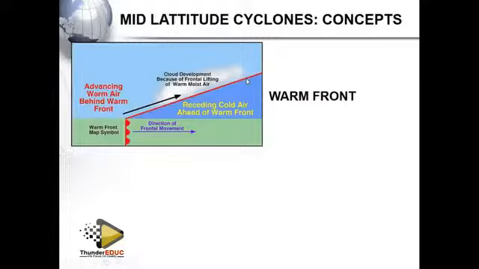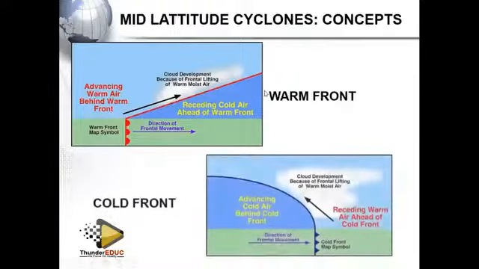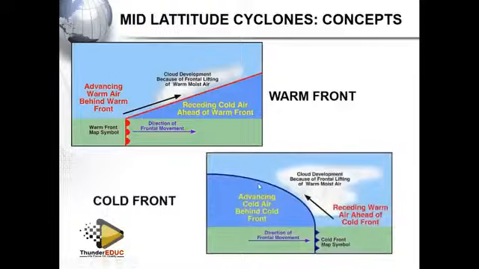This is how the warm front is going to look like. When you look at this line, it is gentle, which is a bit different from this one. This one is steep. This one is gentle.